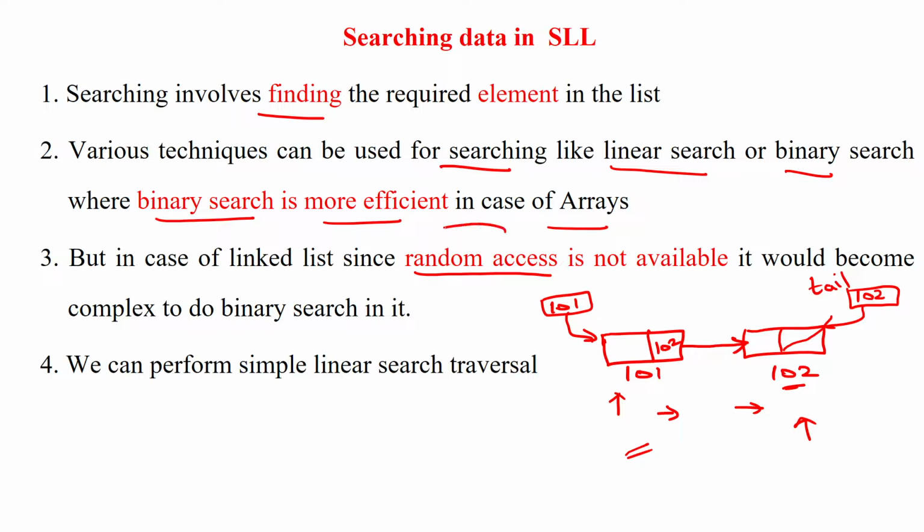Randomly we cannot access the nodes in the given list. We have to move from the first node of the linked list to the other nodes. So that is called linear search traversal. Linearly we are moving from the first node to the remaining nodes in the given linked list.